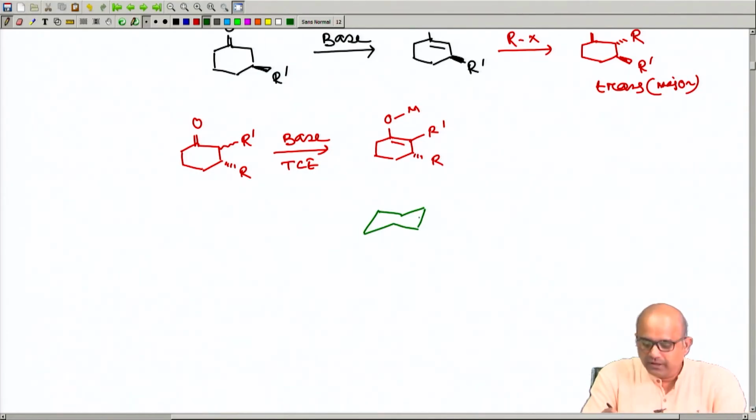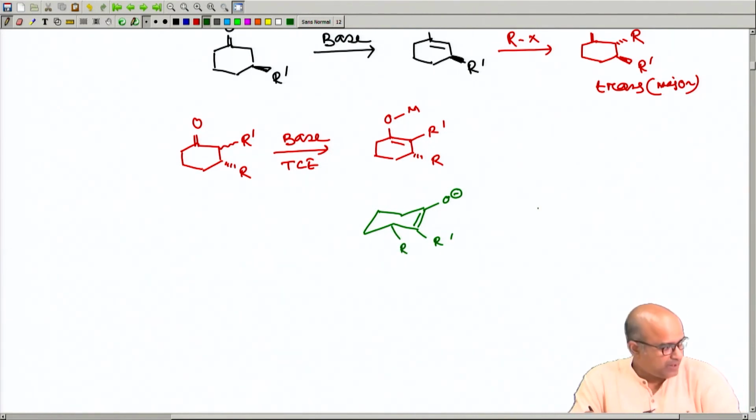So, this way means you have this enolate O minus and you have this R prime, and as this one is below, it is kind of an equatorial R. Now, this drawing means that if these two groups are pretty bulky, they will have a severe eclipsing interaction, which is close to an allylic 1,3 strain. So, this is usually not very much recommended.